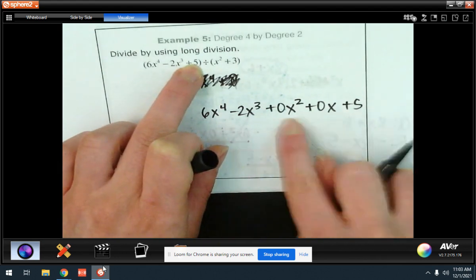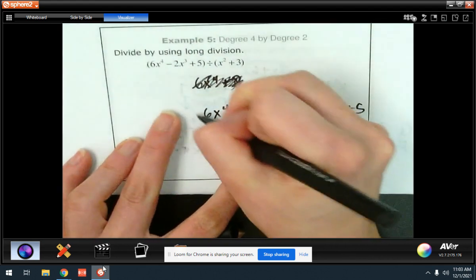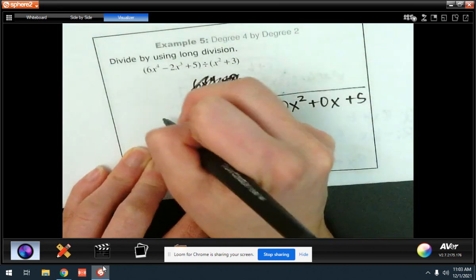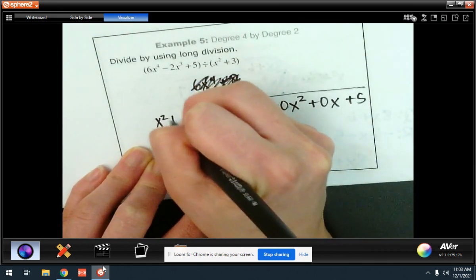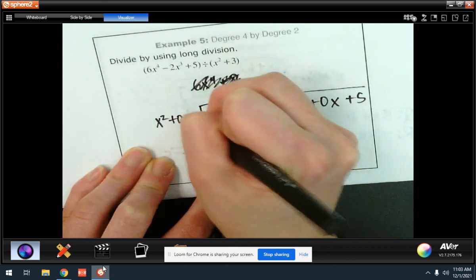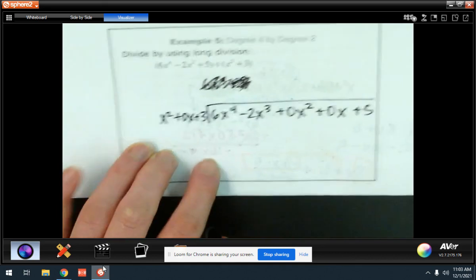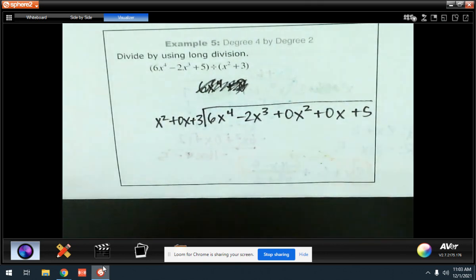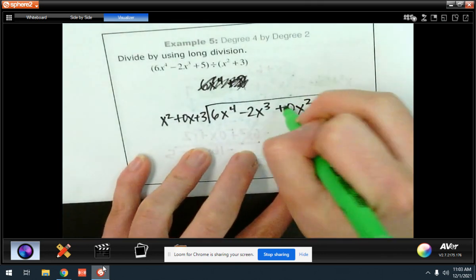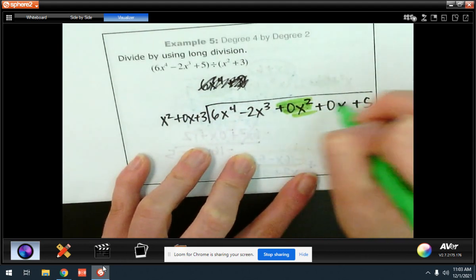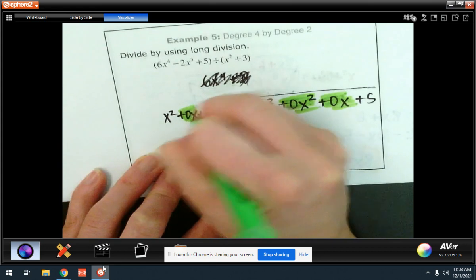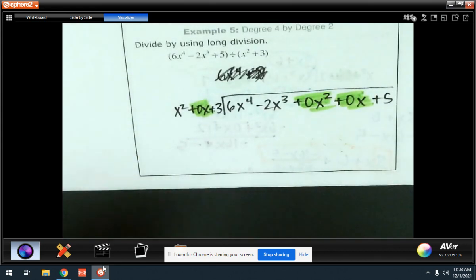So that's 2 placeholders right there. And then for the divisor, x squared plus 0x plus 3. Super important. Don't want to forget those.